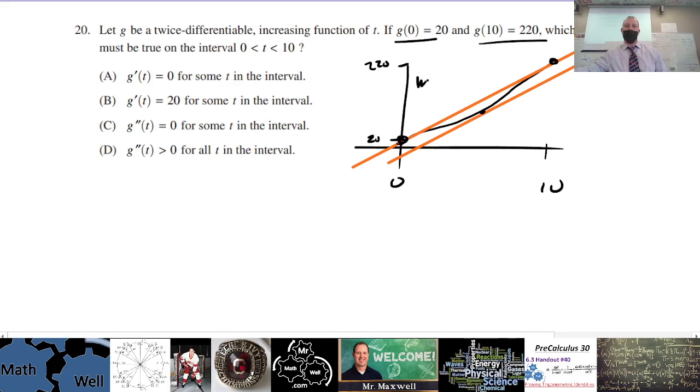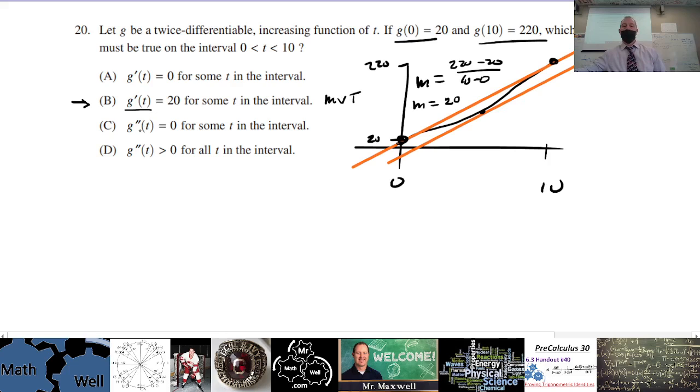So if this is a slope of what? 220 minus 20 over 10 minus 0. So the slope is 200 over 10, or 20. B says, on this interval, there must be a value for the derivative at t that equals 20. And by the MVT, I like that one.